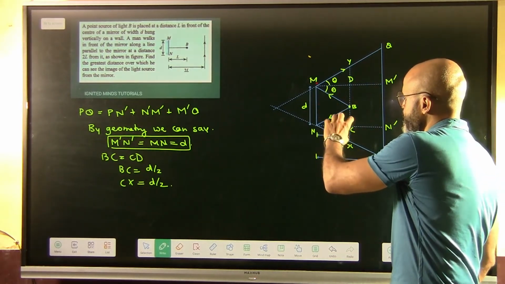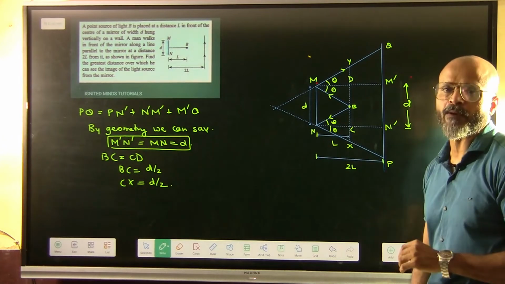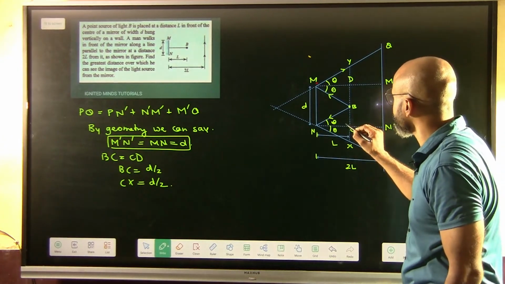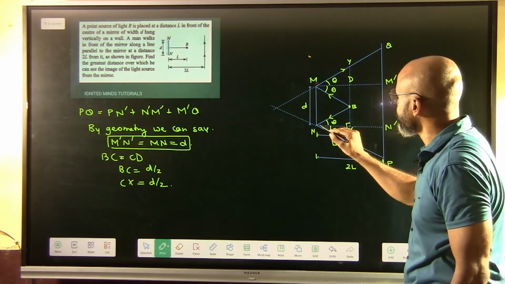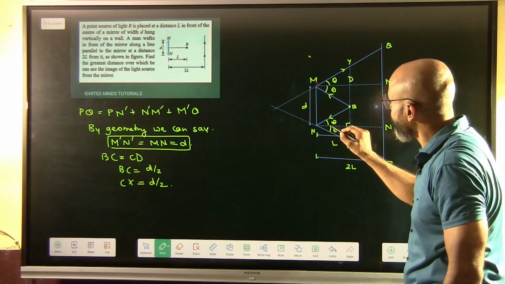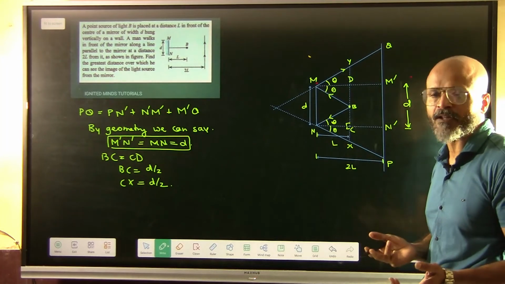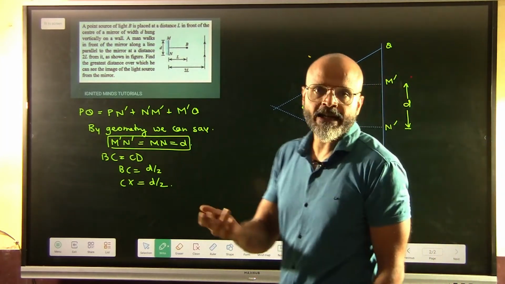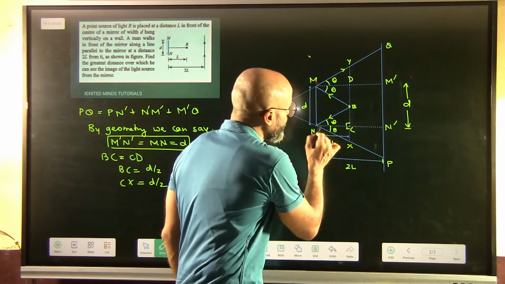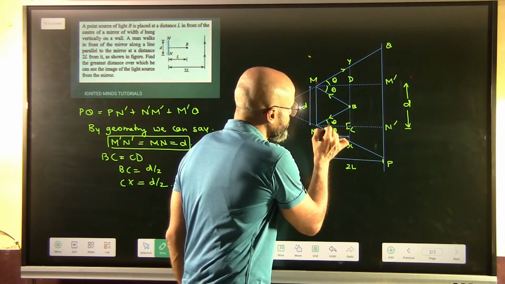See, these two triangles here can easily be proved as congruent. Why? Because this will be obviously a right angle, this is a common side, and again this is an angle which is equal. Angle of incidence is equal to angle of incidence, AAS, angle side. So we have a common side here, this angle equal, and this angle equal.